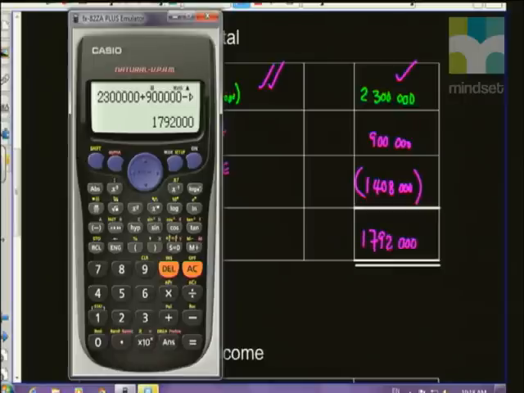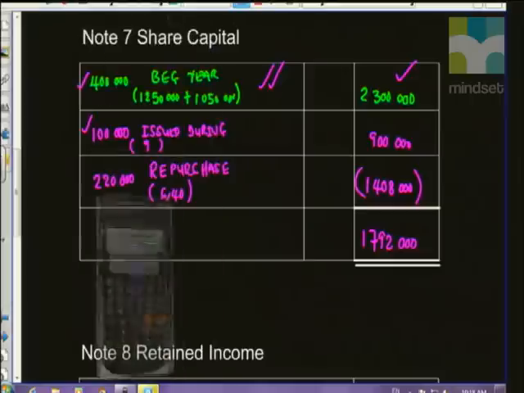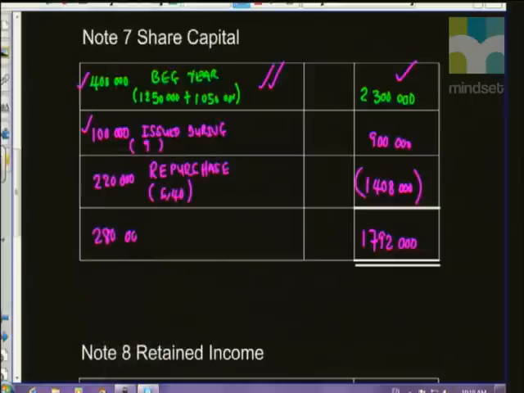Now, grade 12s, what is that? That's the value of my shares that are left over. And how many shares are left over? Watch, it's 280,000 shares at the end of my financial year.